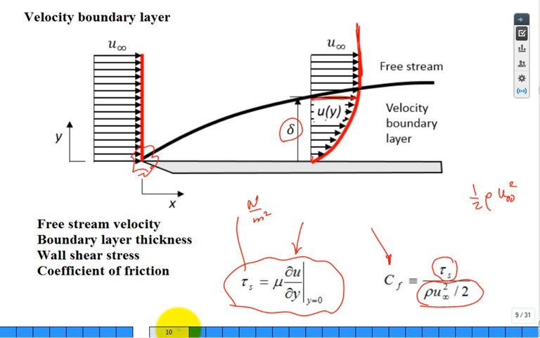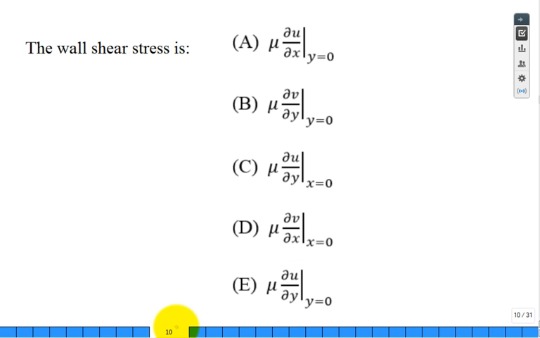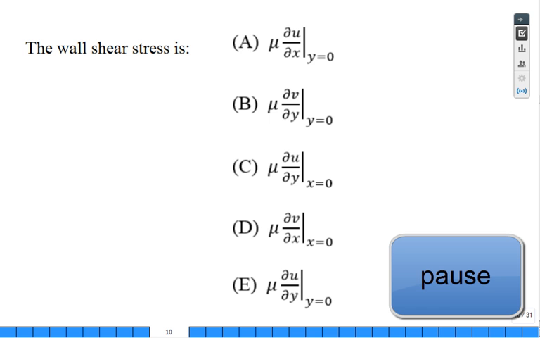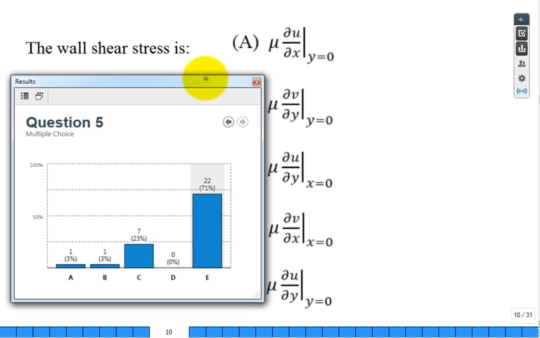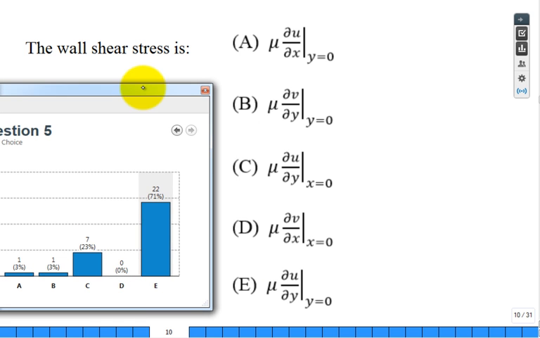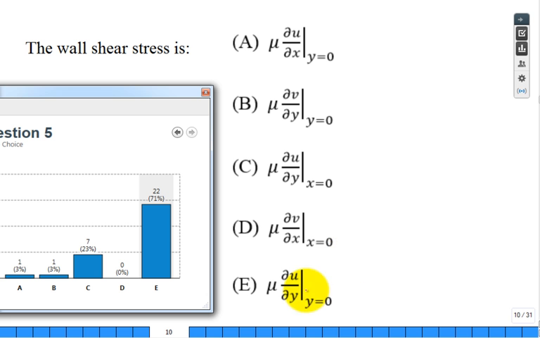All right, well, okay, the wall shear stress is one of those, A, B, C, D, or E. And we show the results. It's the derivative, some slope, at y equal to 0.